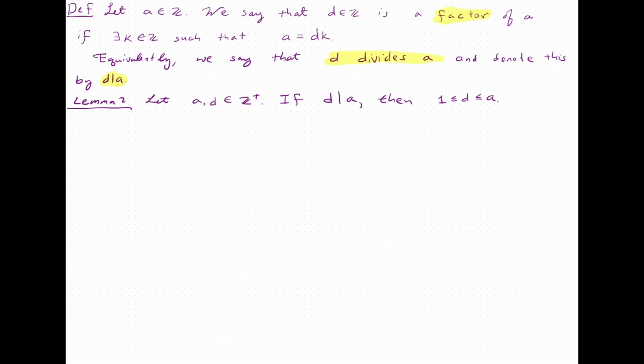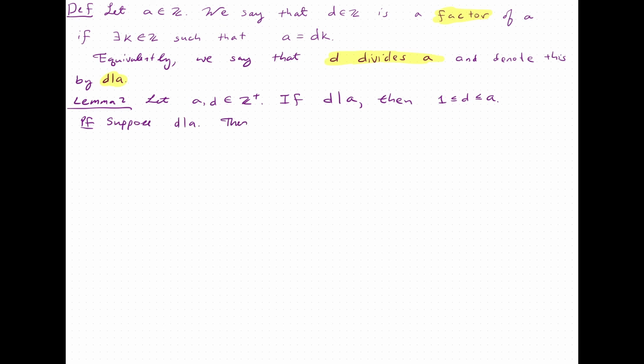And so the first statement we are going to prove is that if a and d are positive integers, if d divides a, then 1 is less than or equal to d, less than or equal to a. So here's the proof. So suppose that d divides a.